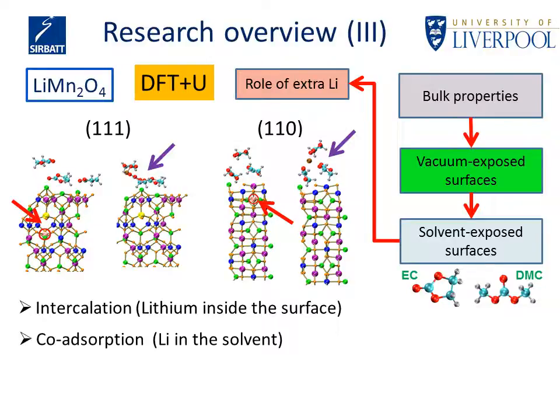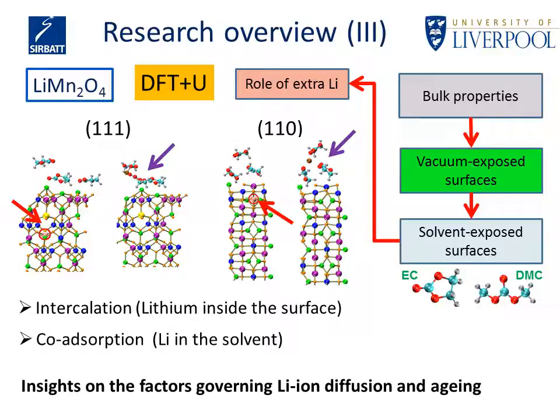We later considered the effect of co-adsorption, which means inserting lithium as part of the solvent. Based on these results, we could provide new insights on the factors that govern lithium diffusion and aging.